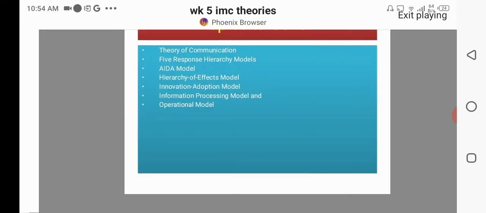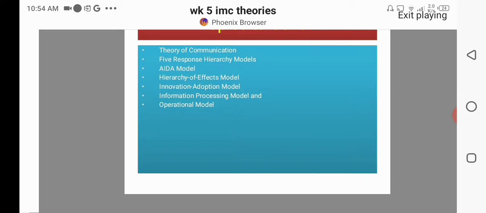The topics which we will cover today are the theory of communication and five theories of response models: the AIDA model, hierarchy of effect model, innovation adoption model, information processing model, and operational model.